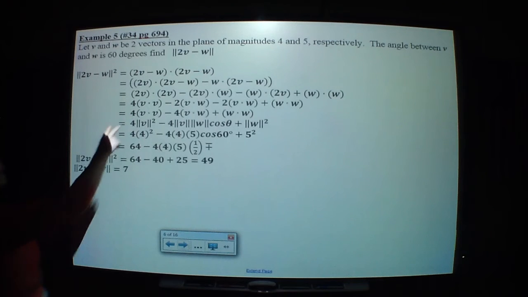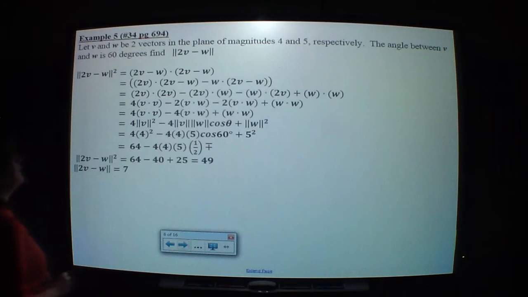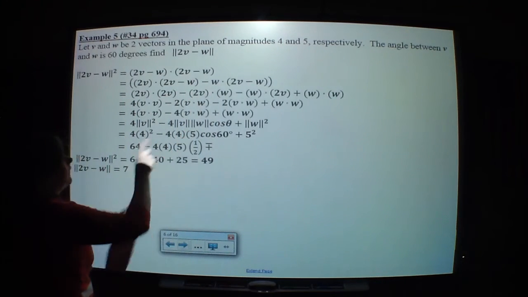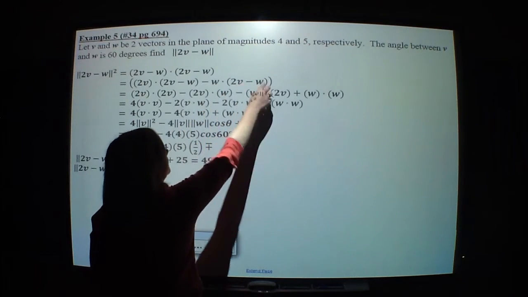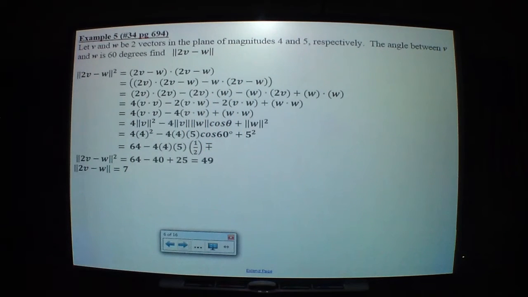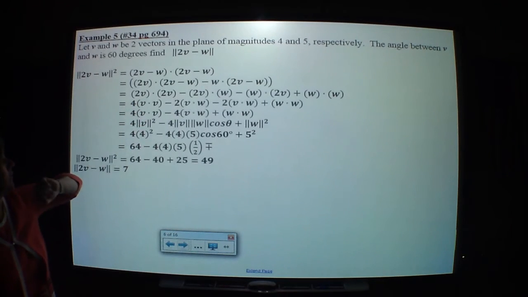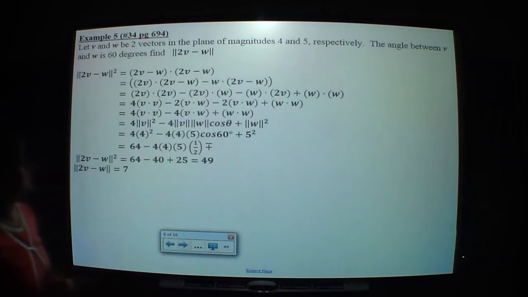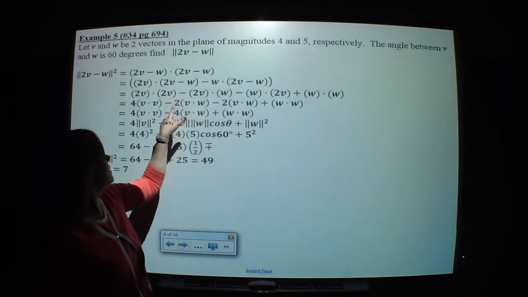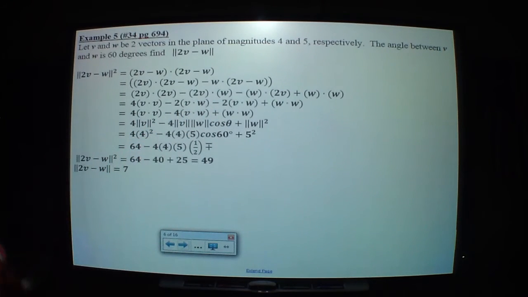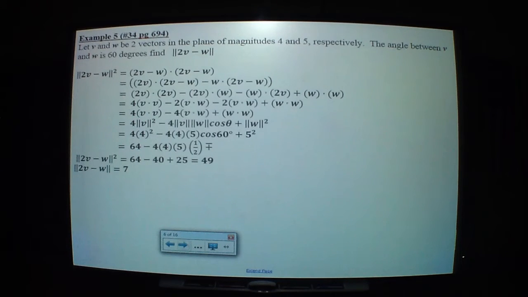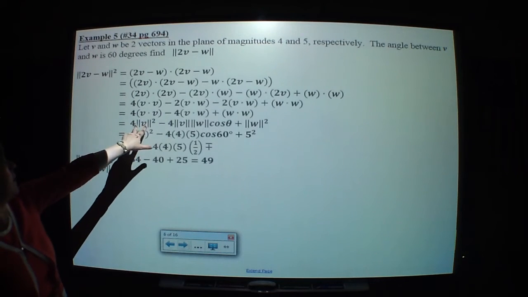Then I have 2V dot 2V, and then 2V dot W. Same thing here. 2 times 2 is 4, so I have 4 and then the dot product here. I have 2 in the dot product, 2 in the dot product, and then I just have the dot product. Combine these two terms, negative 2 and negative 2 is negative 4. The dot product of these two I can write as the magnitude squared.